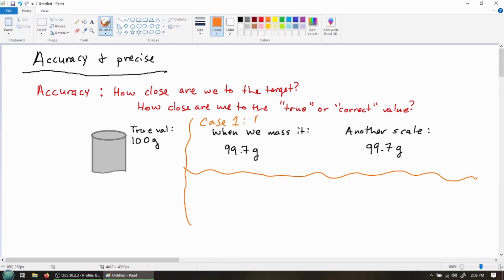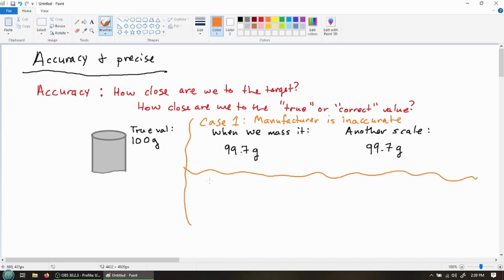Let's call this manufacturer is inaccurate. Okay, and we're going to say that because although hypothetically we only took these two measurements, let's say that we took a bunch of measurements, and every one of our scales all say 99.7, right?